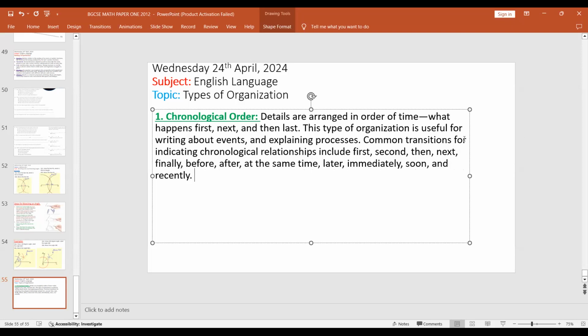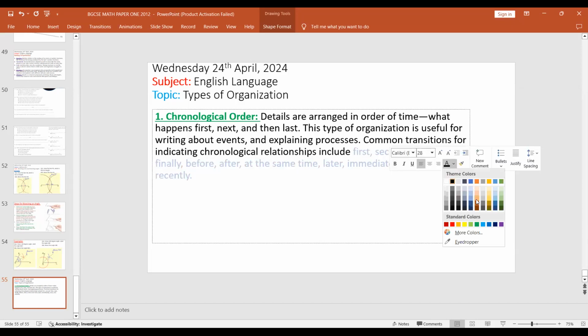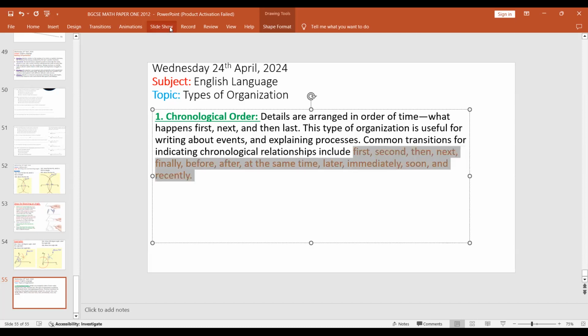So those are some common transitions that we could use whenever we're trying to talk about chronological order, okay?